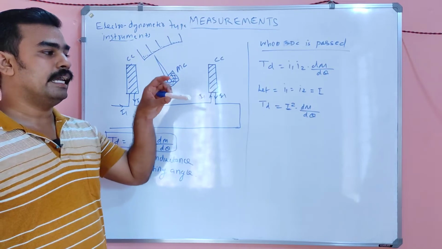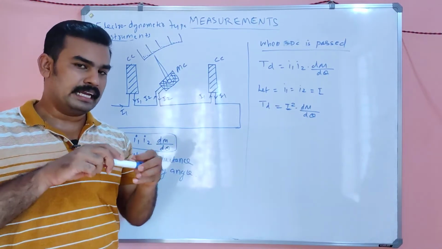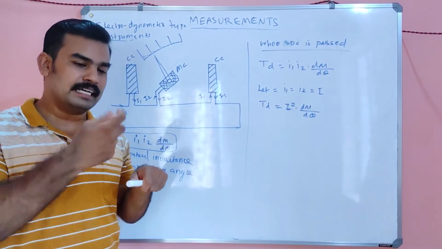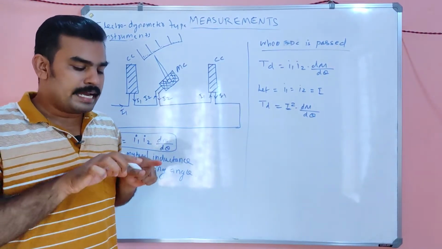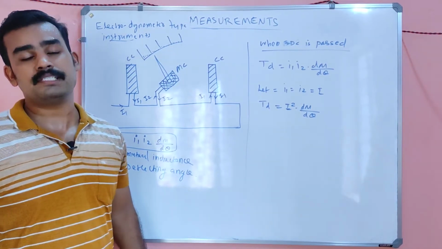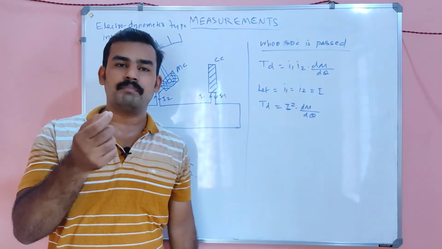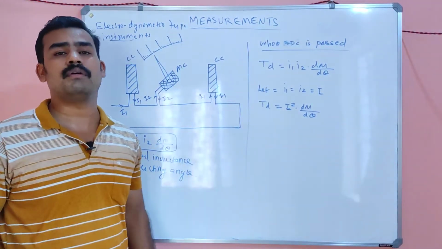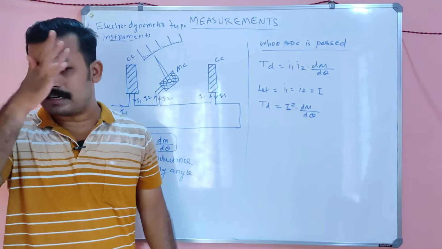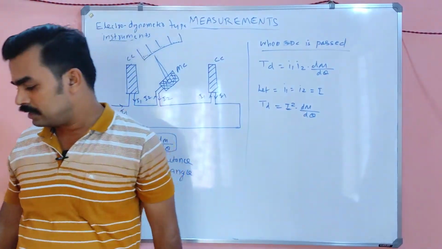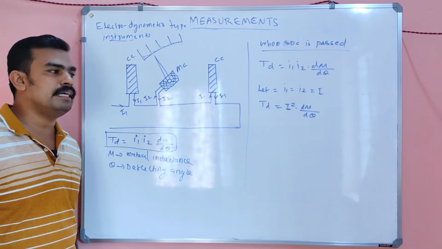Suppose you take a coil wound over a nail and apply a battery across its terminals and bring it near a safety pin. It will attract. Why? It produces a magnetic field. DC also produces a magnetic field. So definitely TD will be equal to I square into dM by d theta.